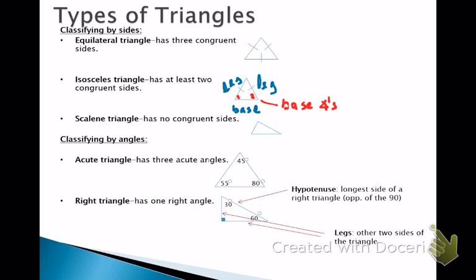The third angle actually has a name as well, and this third angle we call the vertex angle, which is not quite so obviously named. The vertex angle is always in between the two congruent sides.